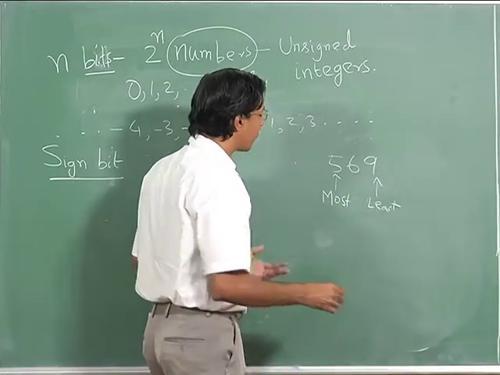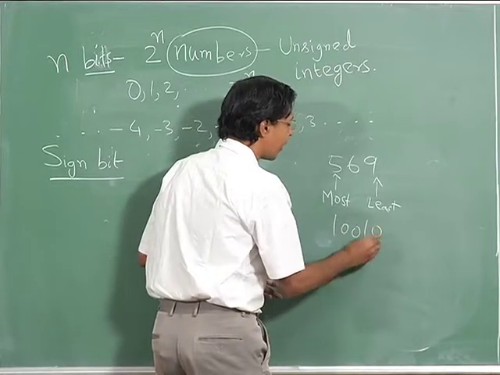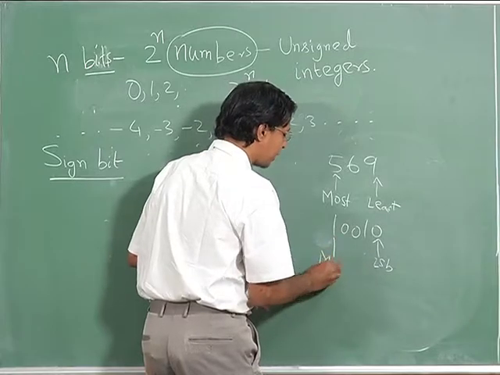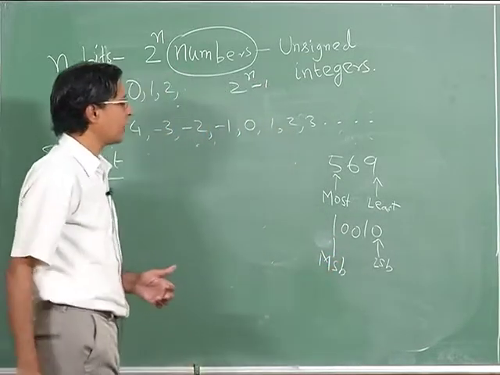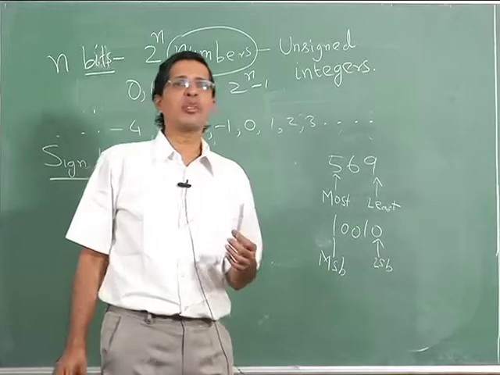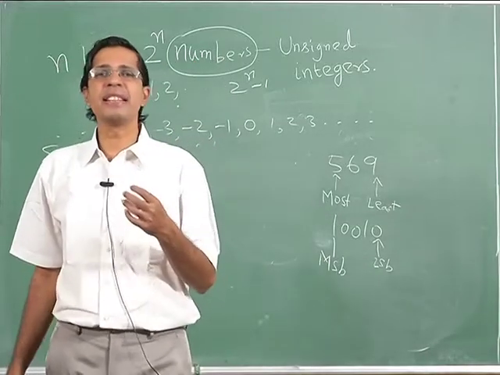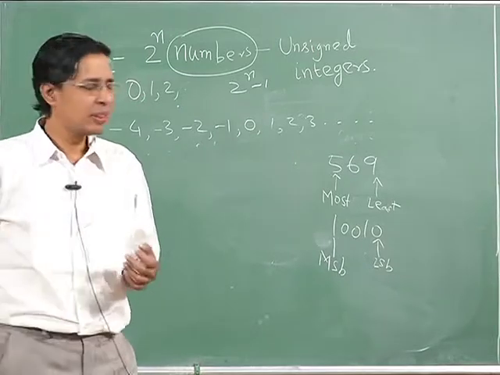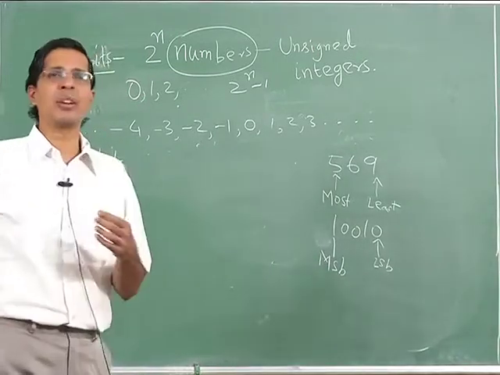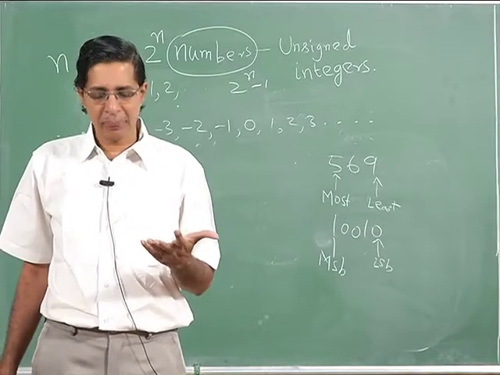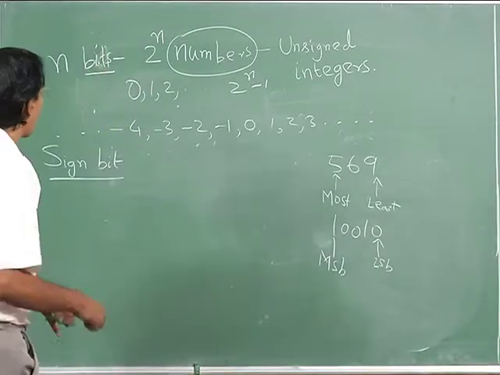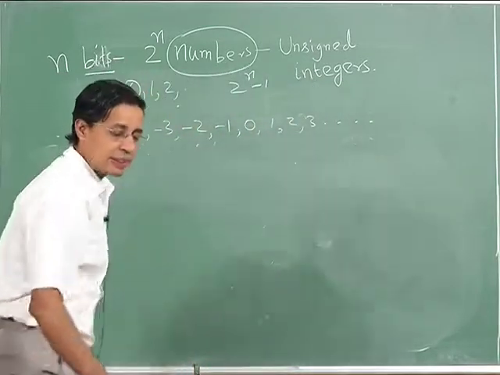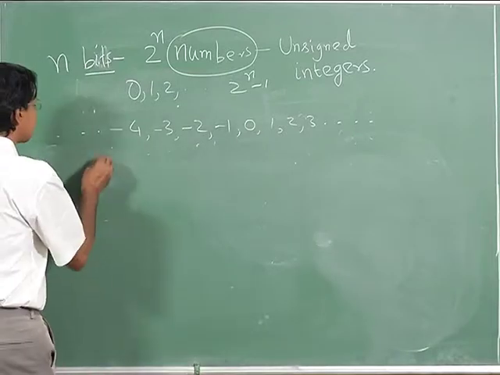Similarly, in a binary representation, say let us take 5 bit, this is the least significant bit and this is the most significant bit. The obvious choice for representing the signed bit would be the most significant bit. So, one of the quick ways of representing a signed number is what we call the sign magnitude representation.